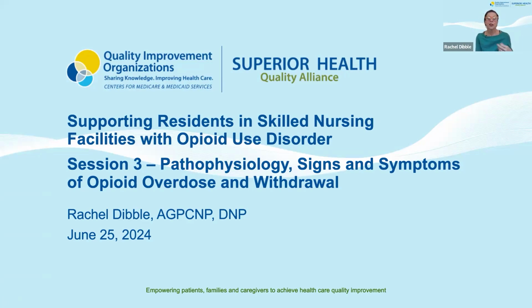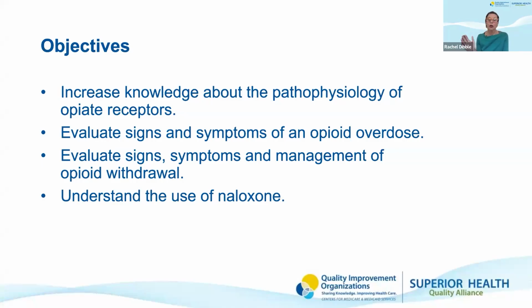The pathophysiology of an opioid overdose or use disorder or withdrawal is a physiological chemical imbalance in the brain. So we need to understand that this is a real manifestation in the brain. So let's think about it in those terms.